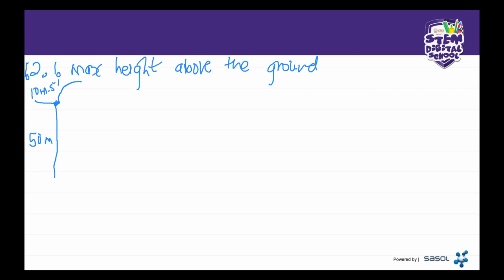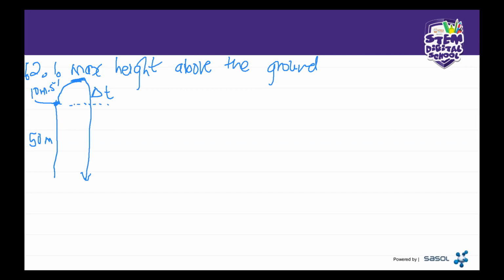And then it goes down after here. When it reaches the maximum height, it goes down, right? So what are we looking for? There we have it right there. We're looking for the change in time for the maximum height, right?